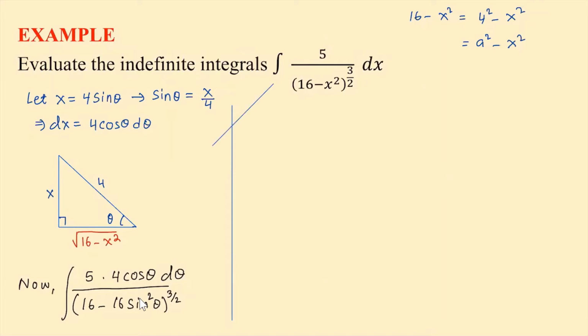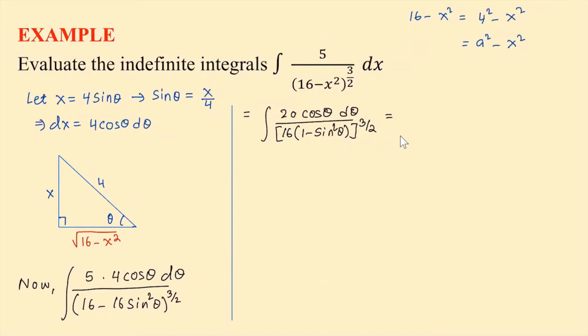Let's see what we get. In the numerator, we have 5 times 4, which is 20 cosine theta d theta, divided by, in the denominator, and we have to be careful here, there is a 16, which is a common factor. When you factor 16 out, you get 1 minus sine square theta, and all this has the power 3 over 2. Let's simplify this again.